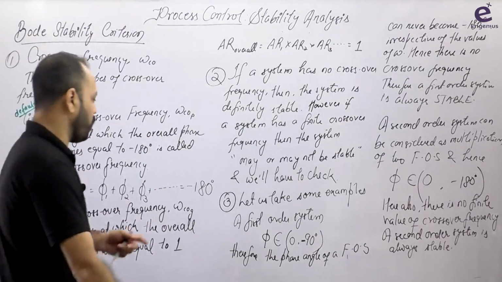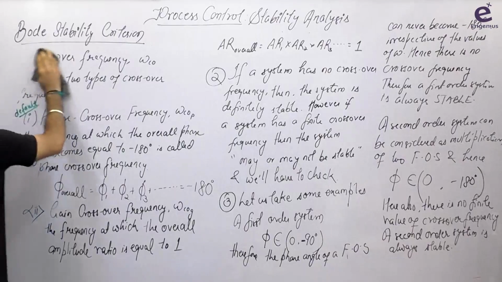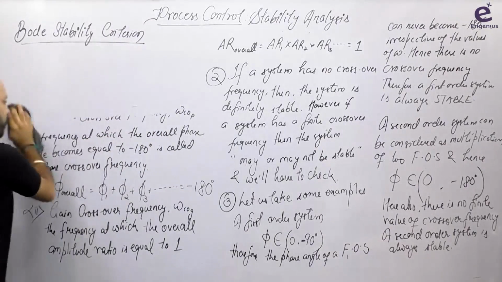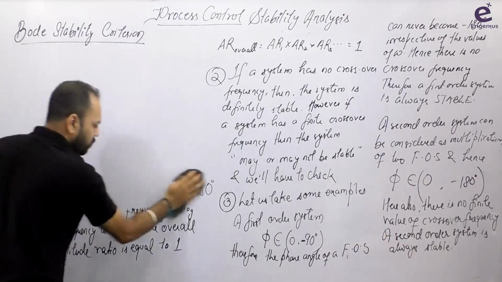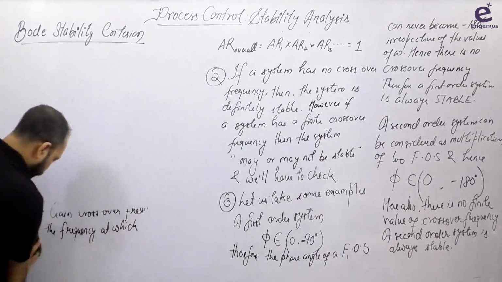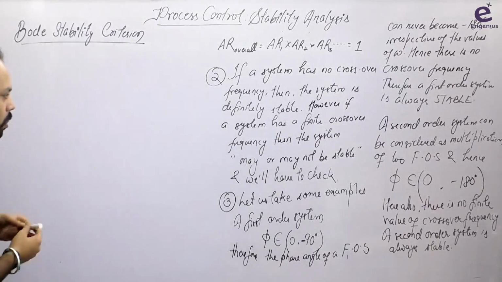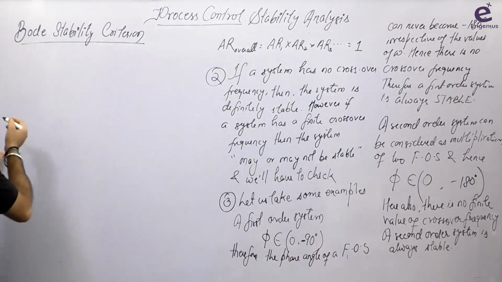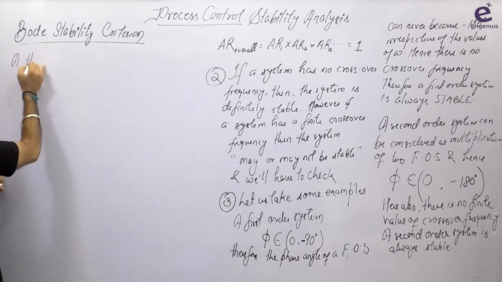Now let me take some more examples. I am discussing this third point, right? Let us take a third order system. Now what do you think? For a third order system, what is the range of phi? I think this is very easy to guess.